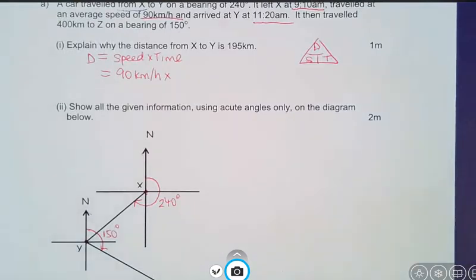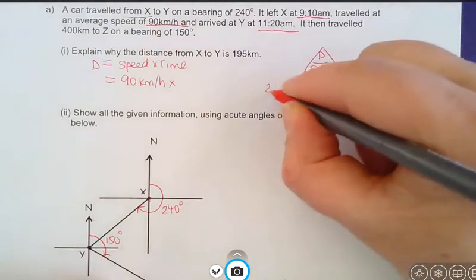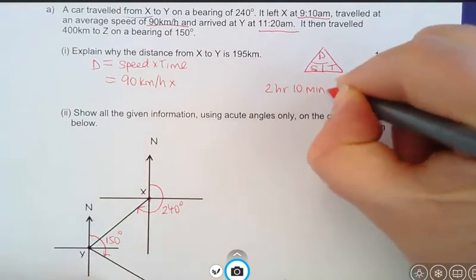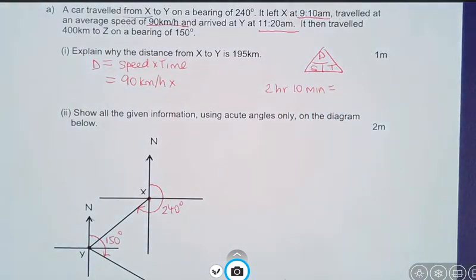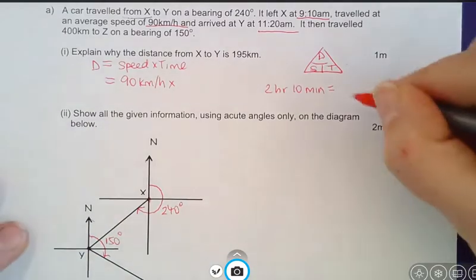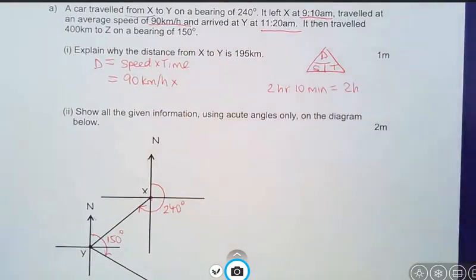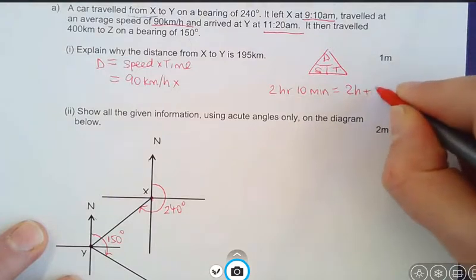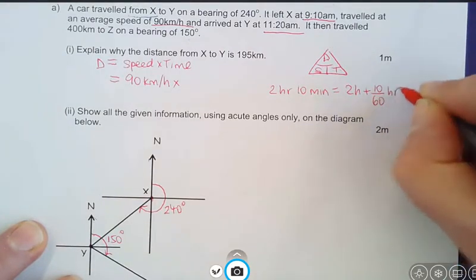Girls, how am I going to write that as hours? How am I going to write 2 hours, 10 minutes? I need to write that in terms of hours. What fraction of an hour is 10 minutes? It's 1/6 of an hour. So 10 minutes is 10 out of 60, okay? So it's 2 hours plus 10/60th of an hour.